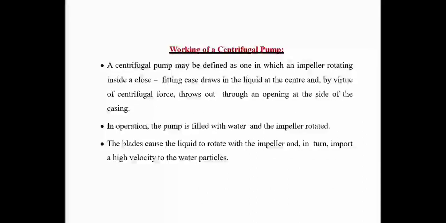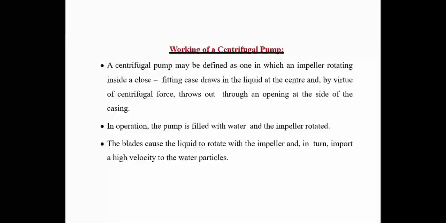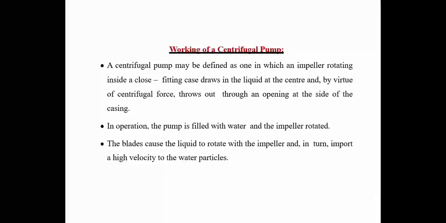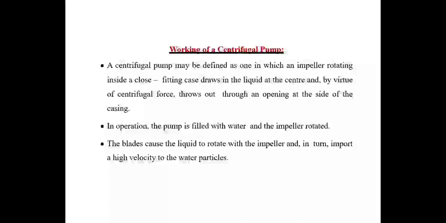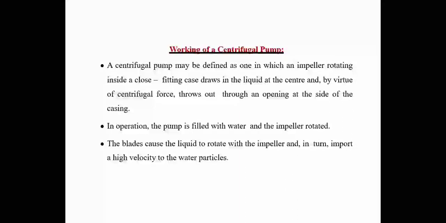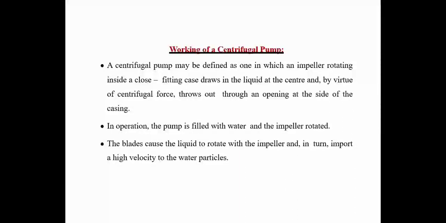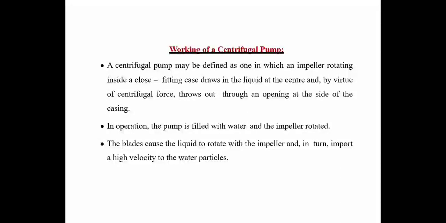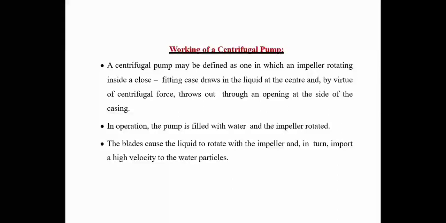Now we will move on to the working of a centrifugal pump. I have explained it already, but again we can see the working. A centrifugal pump may be defined as one in which an impeller rotates inside a closed fitting casing. It draws the liquid through the eye of the impeller, which is located in the center.